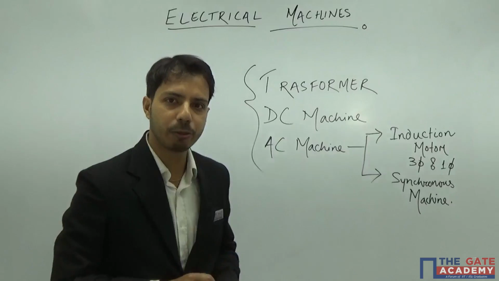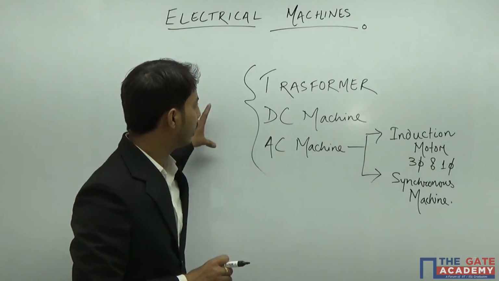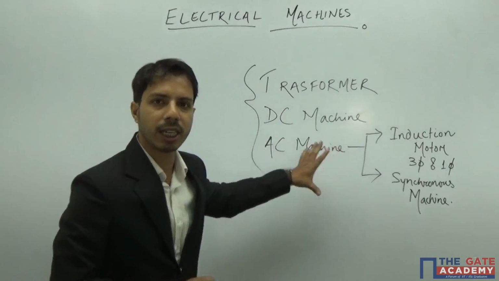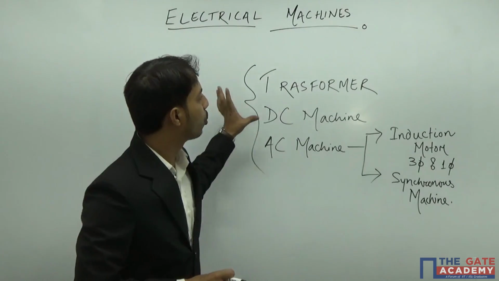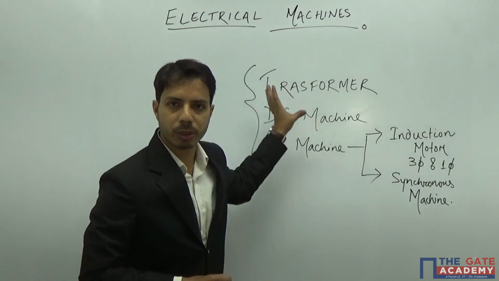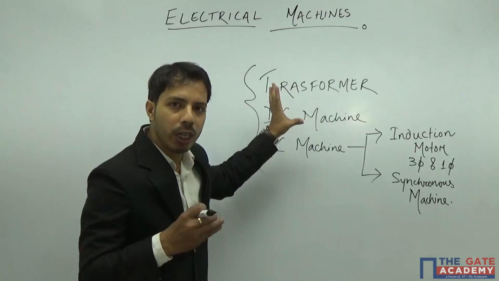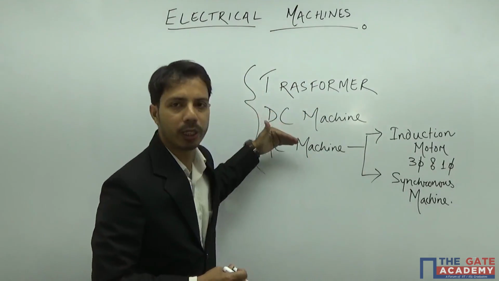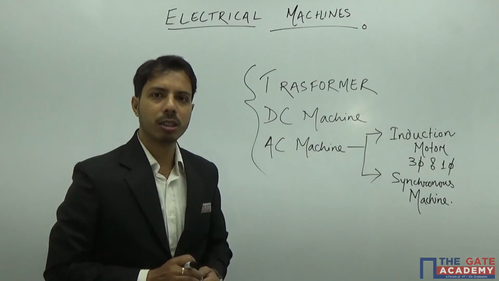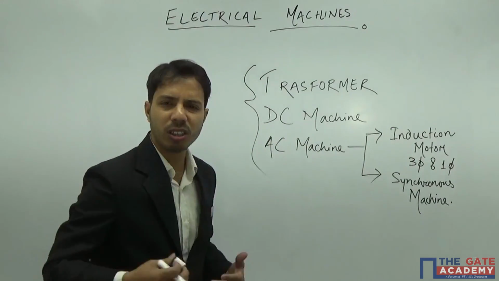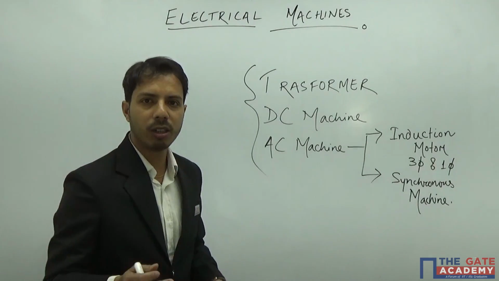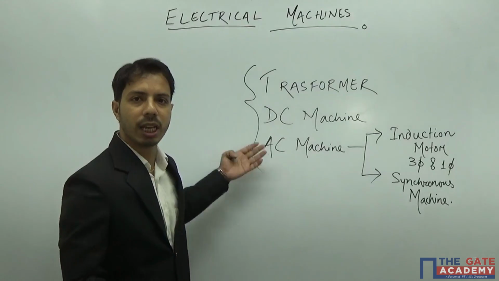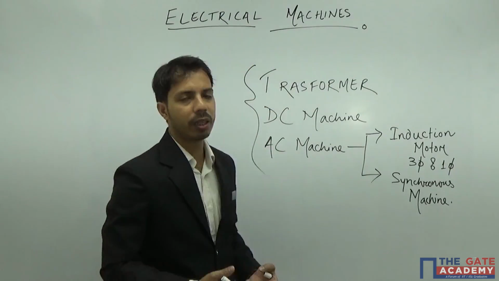The basic mistake that we make is that, without understanding the relation between these machines, where they evolve from, and what the principle is, we directly go to these machines and study them in a discrete way. I have heard students say that I will prepare only DC machines, or I will just prepare transformer for GATE and leave the rest of the AC machines, or I will prepare AC machines, I won't prepare DC machines.